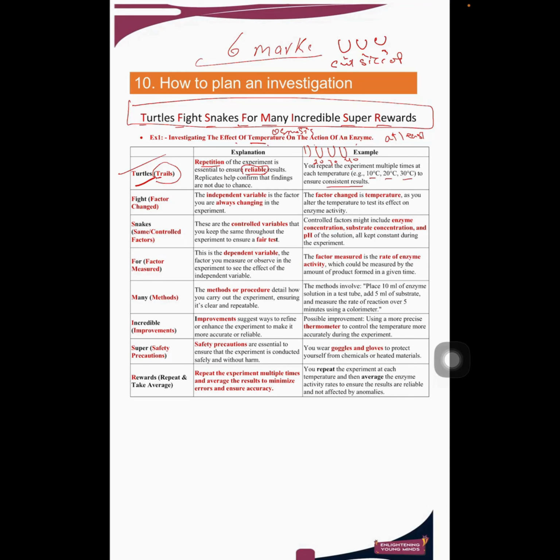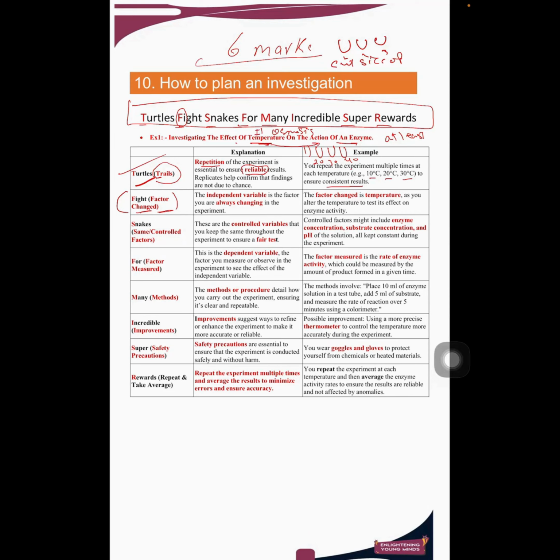Number two, which is the T in turtle, fight. The first factor that you will write is the factor that you change. Which one are you going to change here? The temperature or the action of the enzyme? You have first to understand it. Do you get the idea? Here, the temperature is affecting the action.